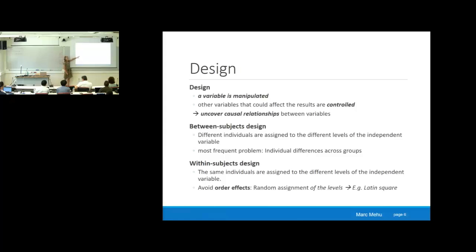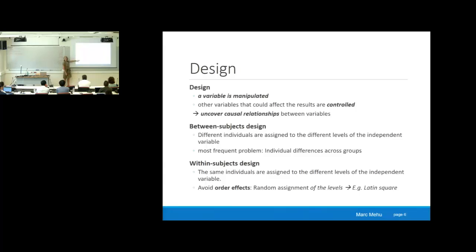So you can have a group of persons that will be assigned to, for example, one emotion or one group of stimuli. If you want to evaluate 1,000 stimuli, how can you ask a person to evaluate 1,000 stimuli? It's not possible, okay? So you may want to have several groups, to cut down the number of stimuli that a person will evaluate. Okay, so that would be between subject.